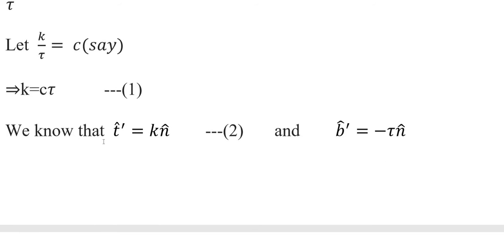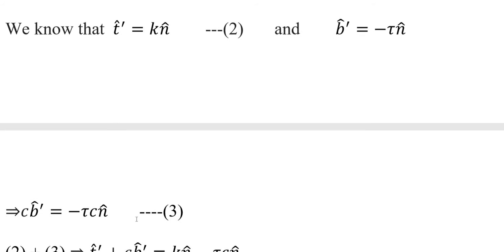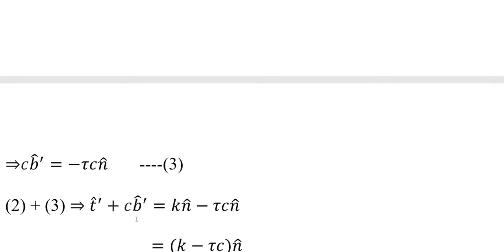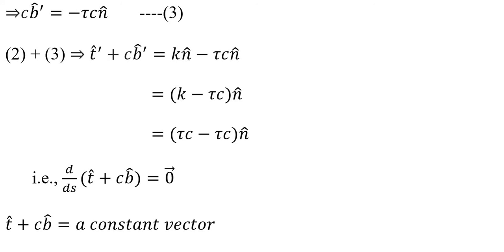We know the Serret-Frenet formulas: T dash equal to kappa n and B dash equal to minus tau n. Multiplying B dash by c on both sides, it gives c B dash equal to minus tau c n cap. Now we add these two equations. We get T dash plus c B dash equal to kappa n minus tau c n. So n is common; we take outside kappa minus tau c into n cap.